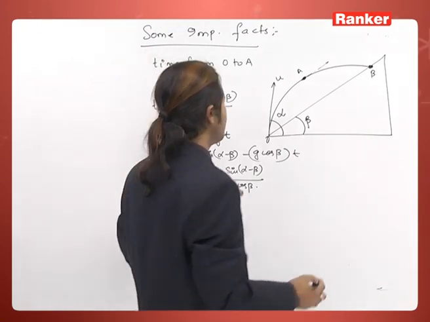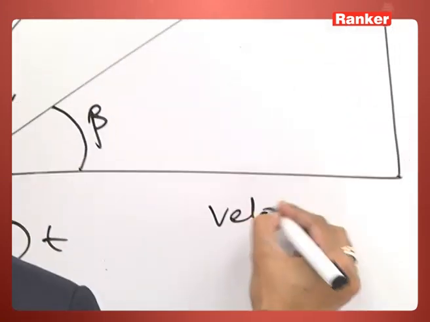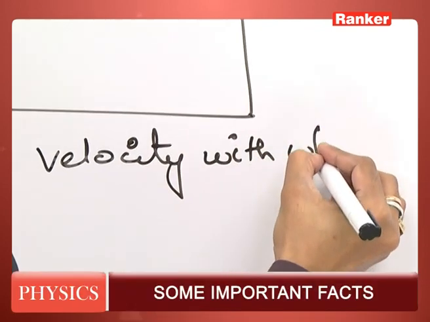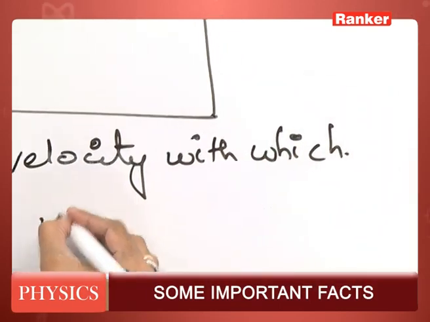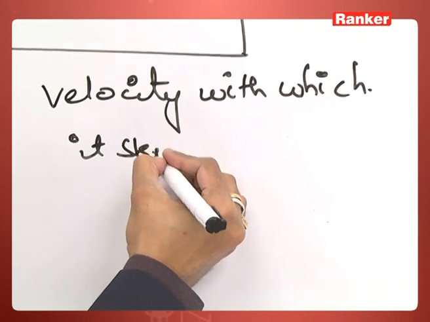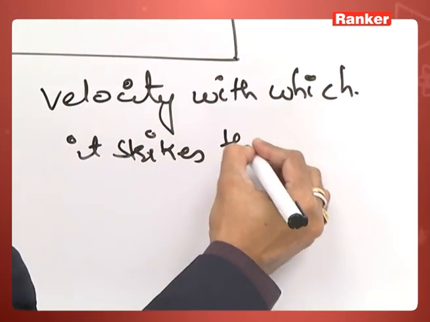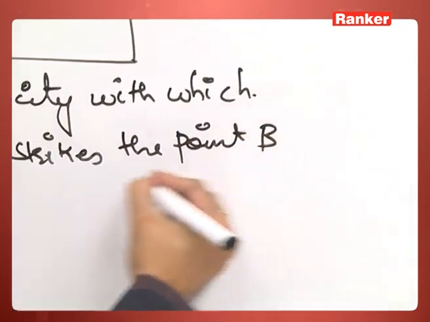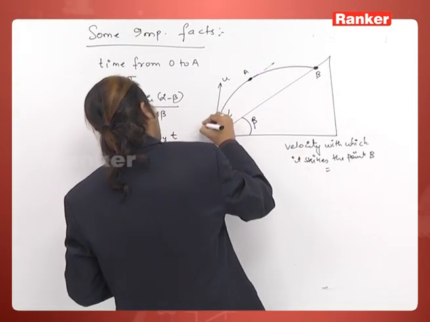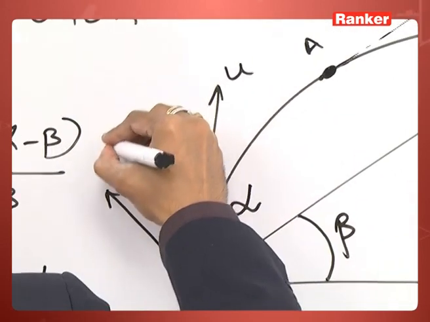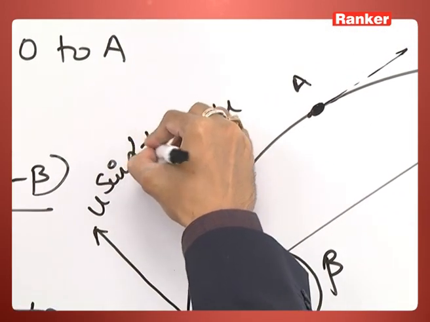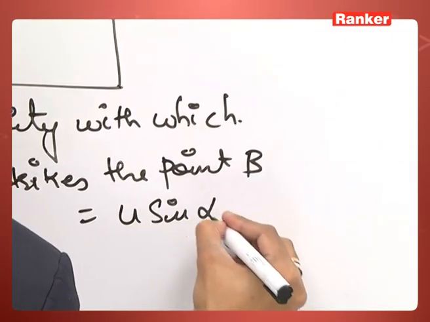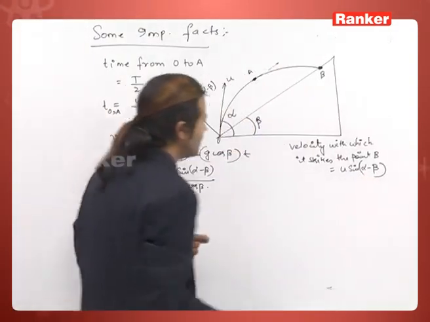Now let us say the velocity with which it strikes the point B is, here the velocity initial was u sine alpha minus beta. It's the same as u sine alpha minus beta. Let us prove this.